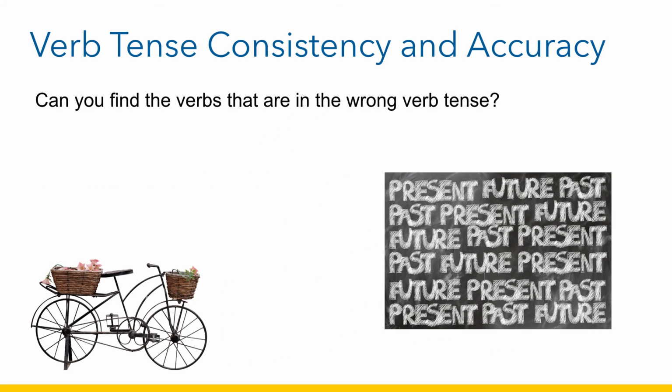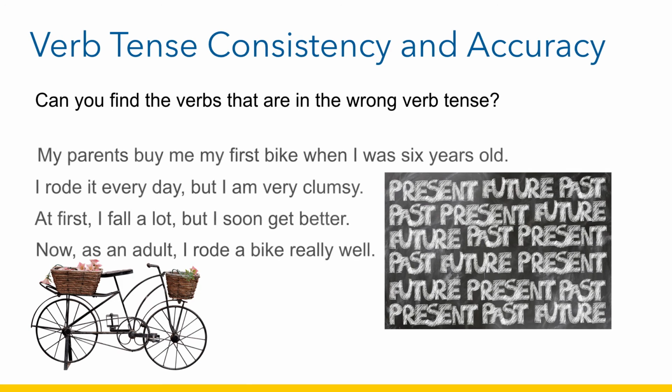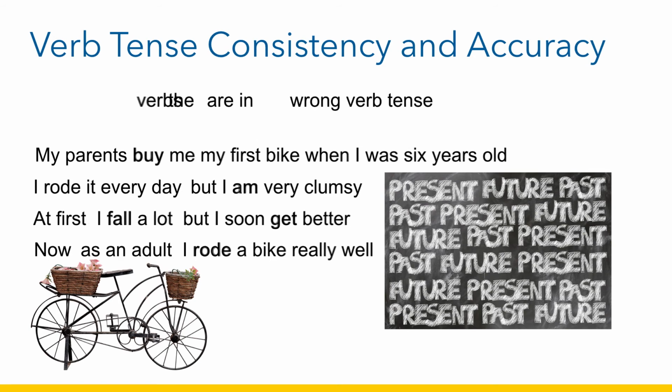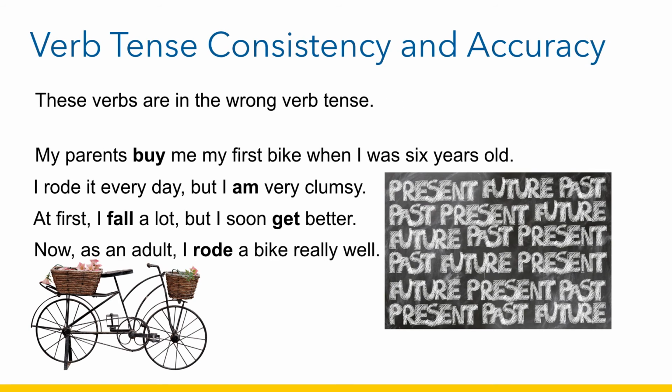Let's look at an example. I'm going to show you a very short story. Can you find the verbs that are in the wrong verb tense? Take a look and see if you can see the mistakes. You should notice that these bolded words are incorrect.